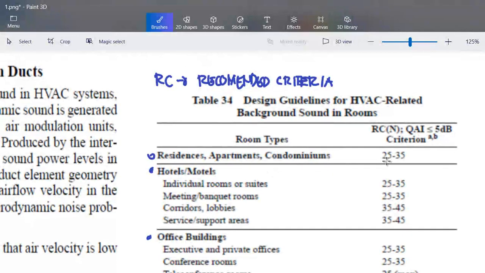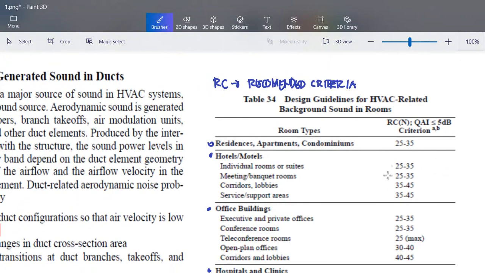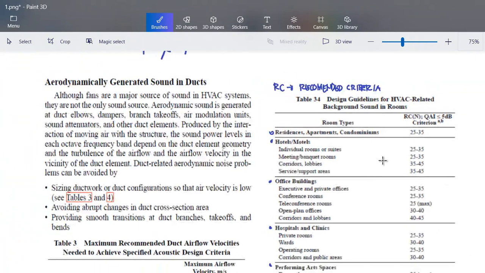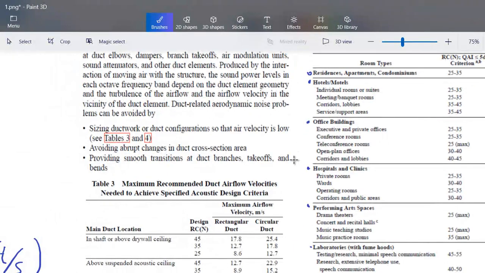So that is ranging from 25 to 35. Hotel, motels, individual rooms or suites, we have 25 to 35. Now, you're going to choose from here sa pagitan nito. For example, we have individual rooms or suites, so hotels and motel functions, so we have 25 to 35. So I will choose maximum 35.